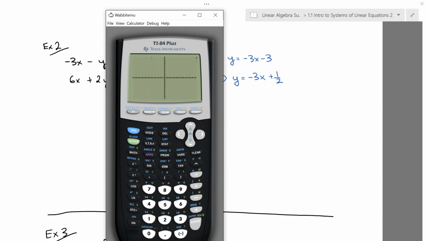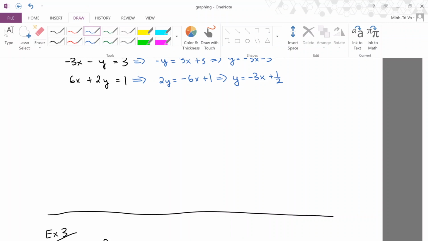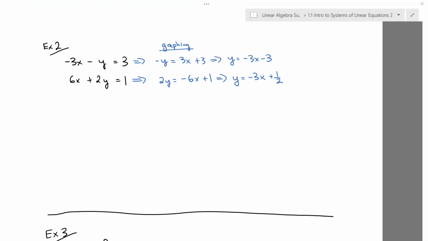And now if I graph them, what does it look like? So now what we have here is we have two parallel lines, and so there are no points of intersection. So let me insert the graph.